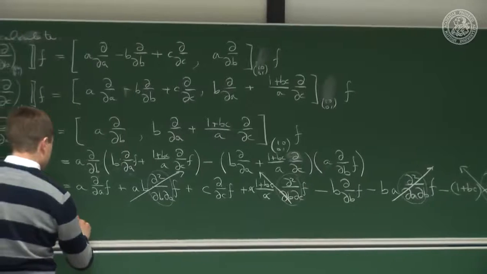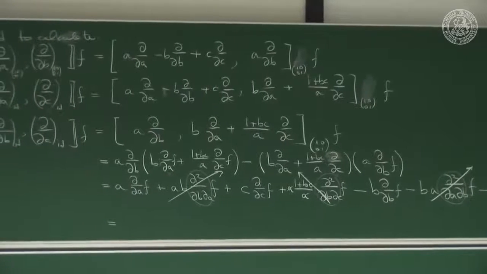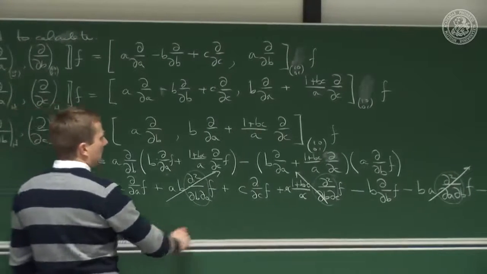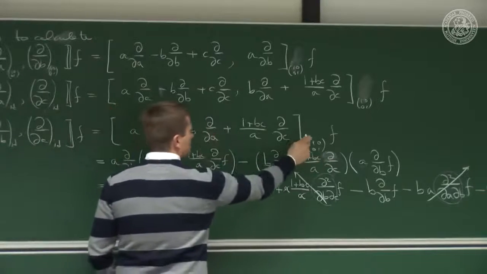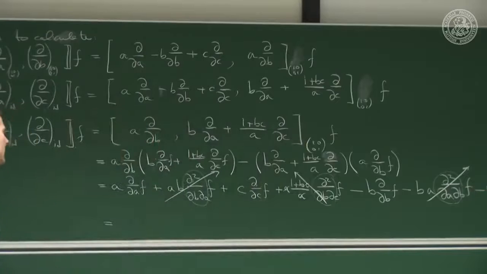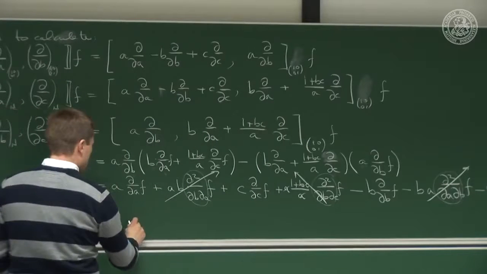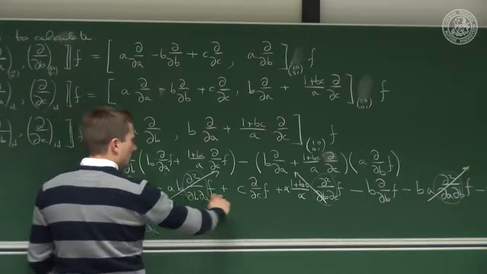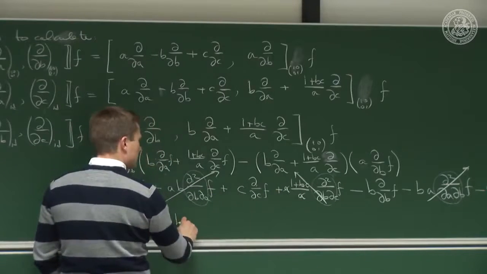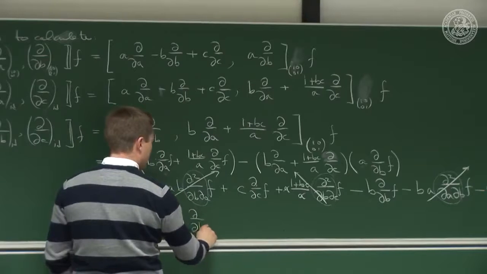And what remains is the following vector field. And we decided, I didn't indicate this here in these lines, but we decided to evaluate the vector field at the identity. So, but let's first write down the full vector field. It's A d by dA. Then we keep the minus B d by dB.